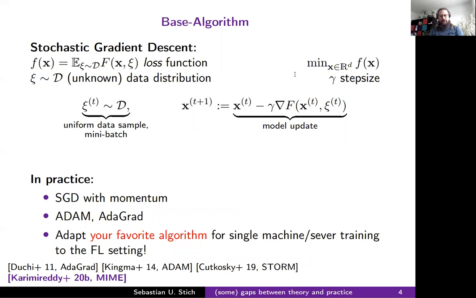In stochastic gradient descent, we just need the assumption that we can query a uniform sample of our training data. And then with this sample, this can be, for instance, just a single data point or a mini batch of data points, we can then compute the gradient of the loss function and update our model parameters slightly by following the negative direction of the gradient.